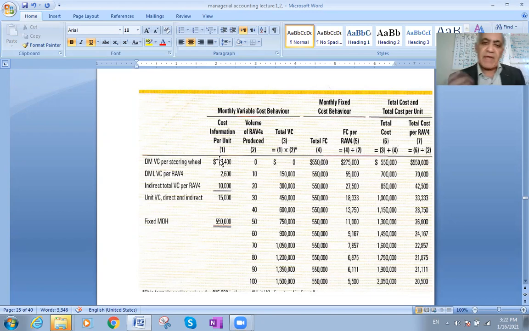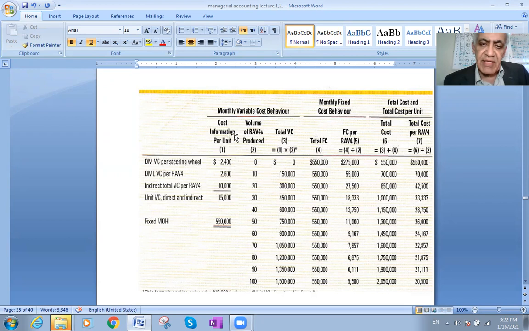If a variable cost is $10 for 1 unit, then for 2 units it will be 20, for 3 units it will be 30, for 4 units it will be 40. So the variable cost is related to the volume or the size of the production. When we produce more, the variable cost will increase. When we produce less, the variable cost will decrease. So this is the relationship.